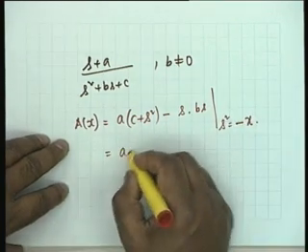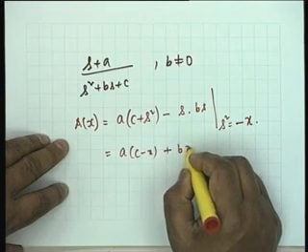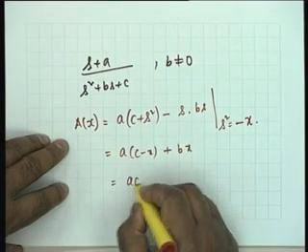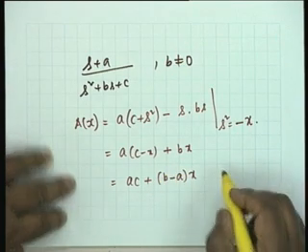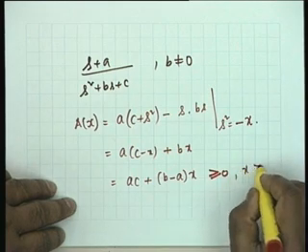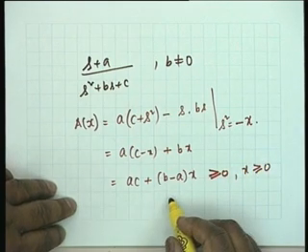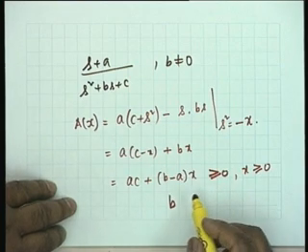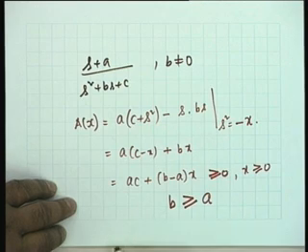So this is a c minus x plus bx, that is equal to ac plus (b minus a) times x. And if this has to be greater than or equal to 0 for x greater than or equal to 0, obviously the condition is that b must be greater than or equal to a. Right?